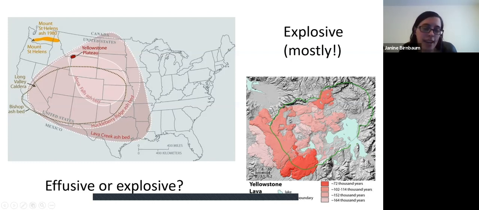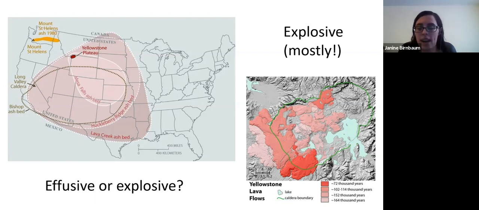So most volcanoes have this mix of effusive and explosive, but we saw that the balance can change, right? So with our stratocones having a good mix between the two, shield volcanoes having mostly effusive, but sometimes they can have explosive activity, and our caldera eruptions being the opposite, where they're mostly explosive, but they also have this effusive behavior sometimes.